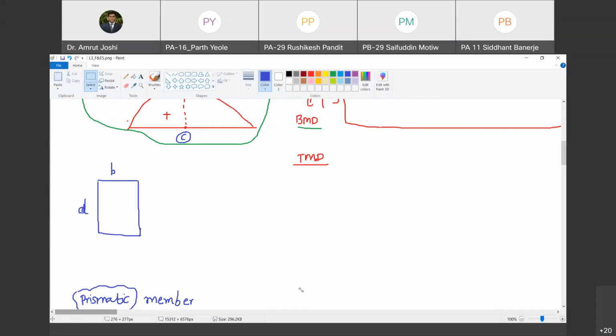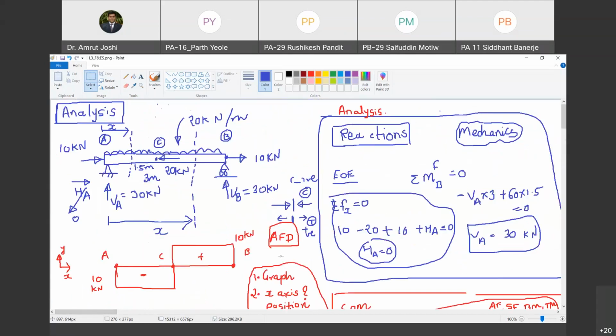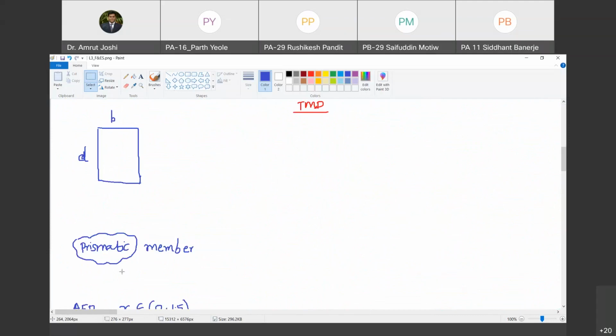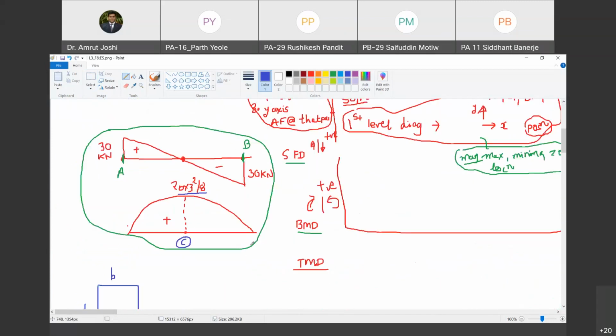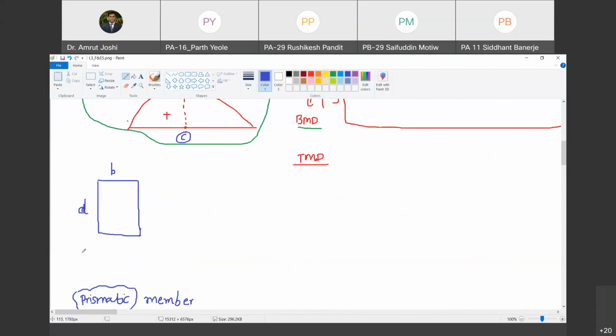Yes, sir. Okay. So this is a prismatic beam. So irrespective of where you take the cross section, visually it is going to appear same. Agreed? Yes, sir. Okay, but we have to understand when I am talking about the cross section in context of shear force diagram, I would have taken it either at A or at B. Agreed?